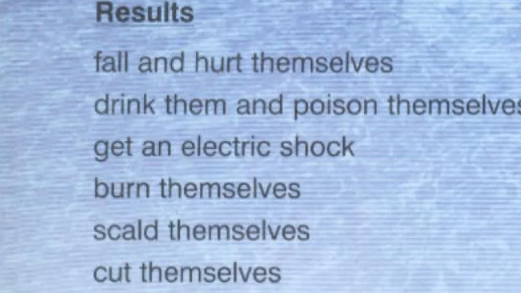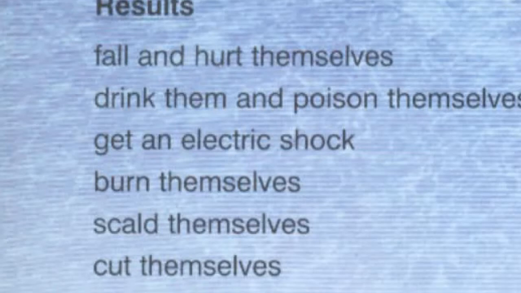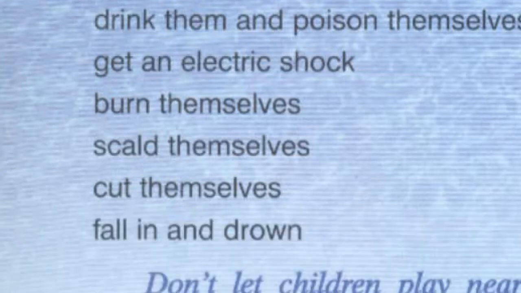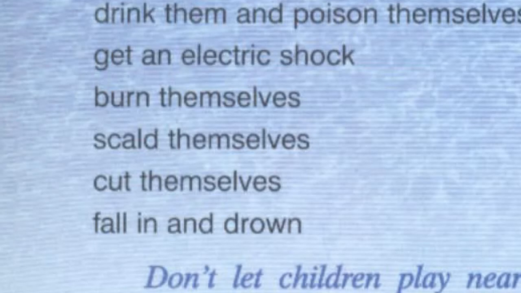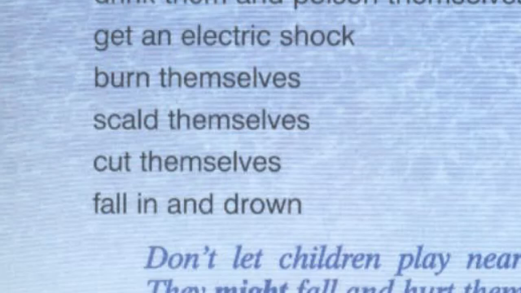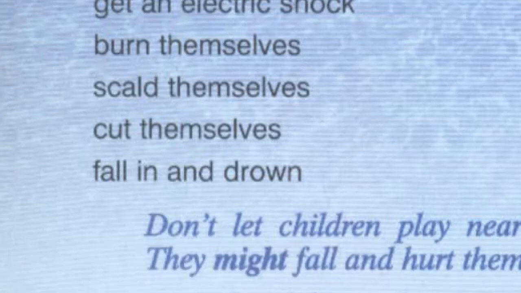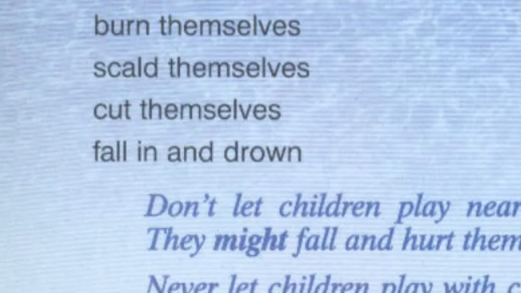The next one, get an electric shock and burn themselves. The next is scald, S-C-A-L-D, which means to burn with hot water, hot liquid or steam. Scald themselves, cut themselves is the next. And the last one on our list is fall in and drown.